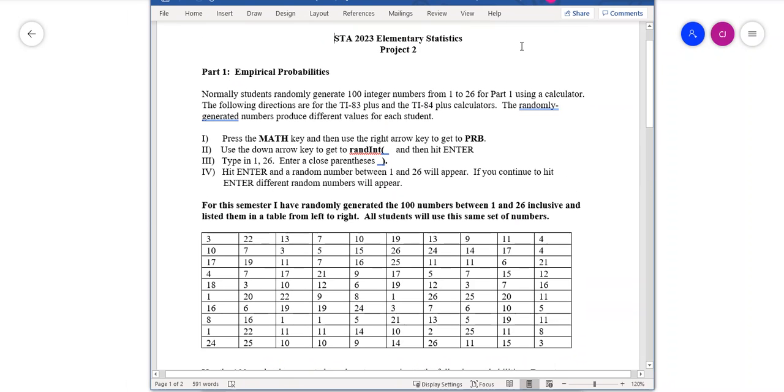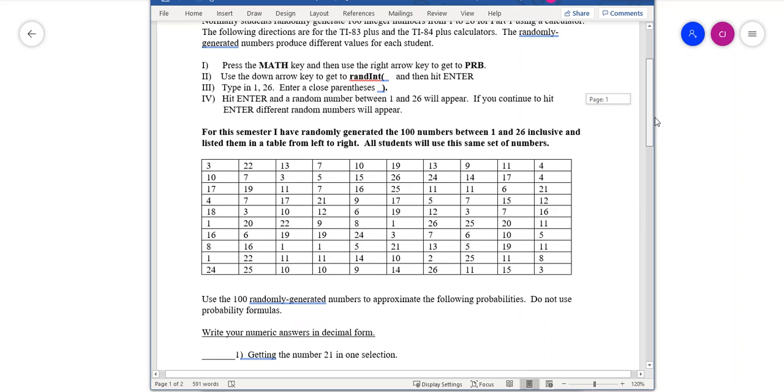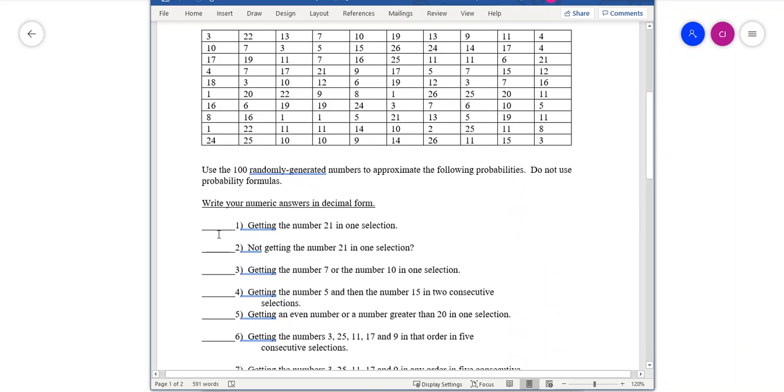Remember, we are finding empirical probabilities, which means we're going to use these 100 numbers, based off of data collection. Do not use probability formulas for this first part. This is a statistics approach to calculating probabilities. So what would be the probability of getting the number 21 in one selection? We're thinking about our population.